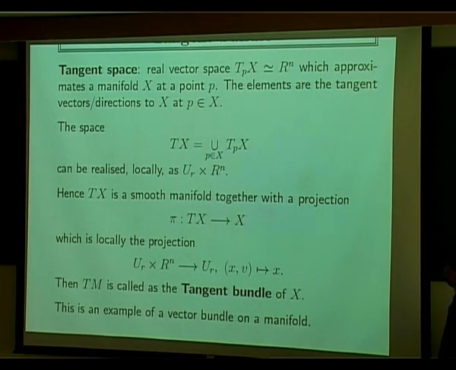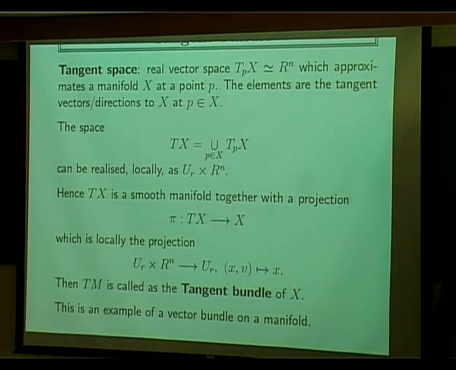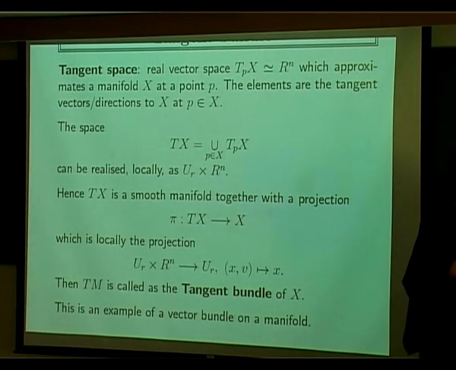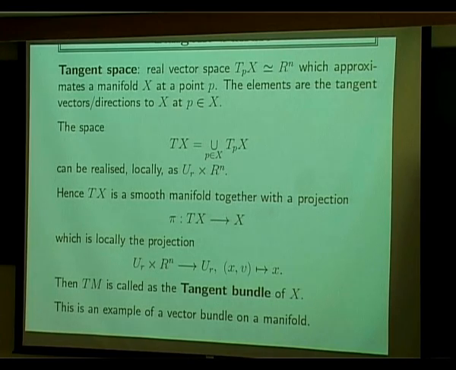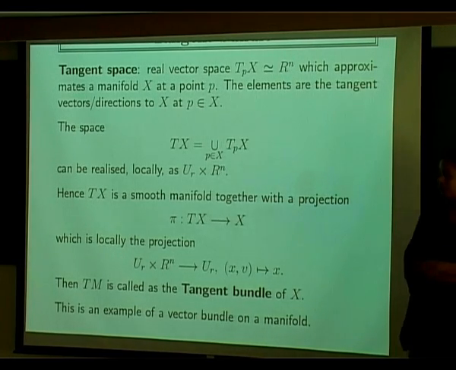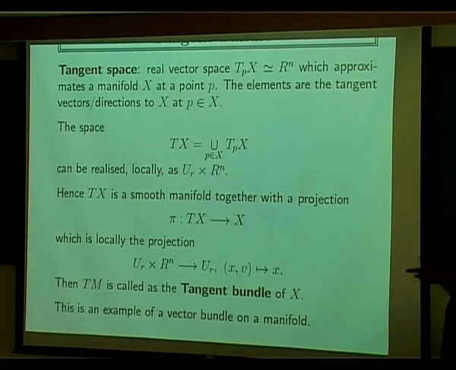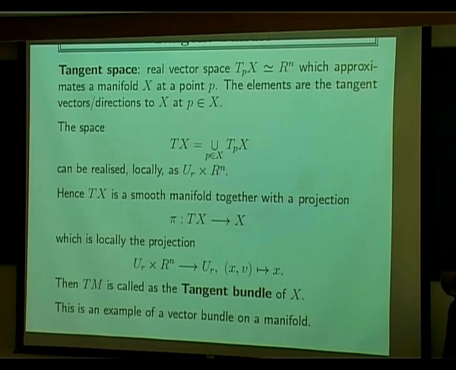What we have seen for tangent bundles is that this comes from the structure of your manifold, and moreover we have seen that locally it is just a trivial product. It is just the product of your open set with a fixed vector space, and then of course in the overlapping of these open sets there should be a good patching condition. So this is what is used to get this manifold here.